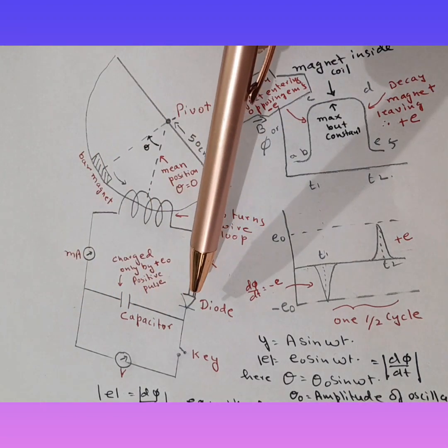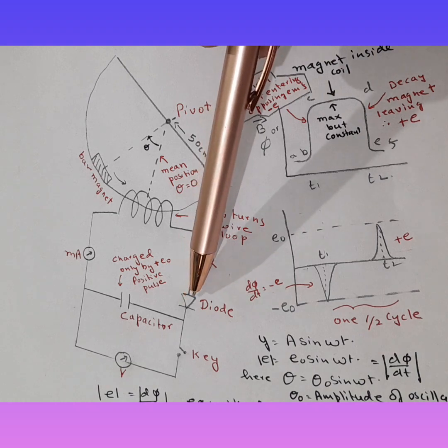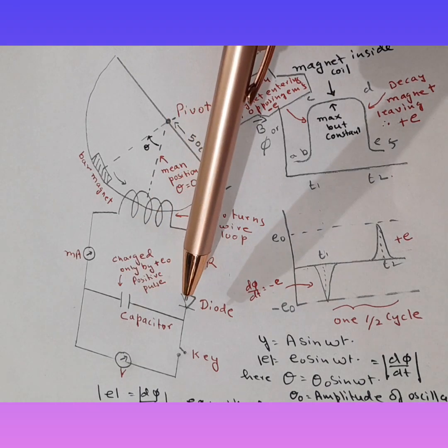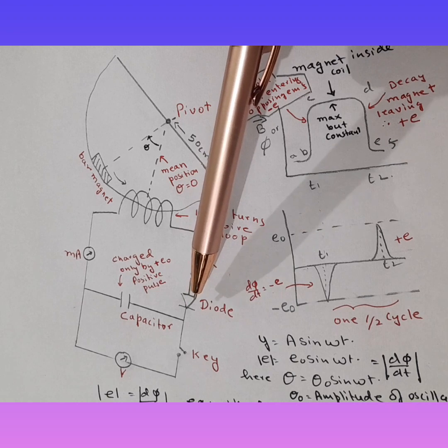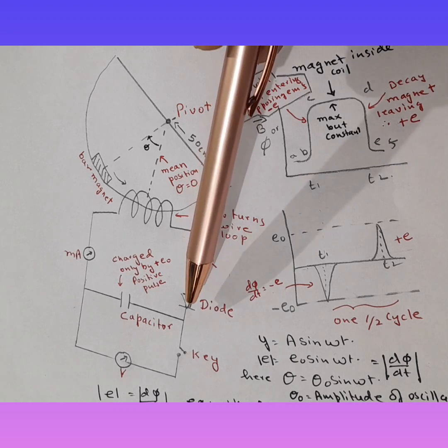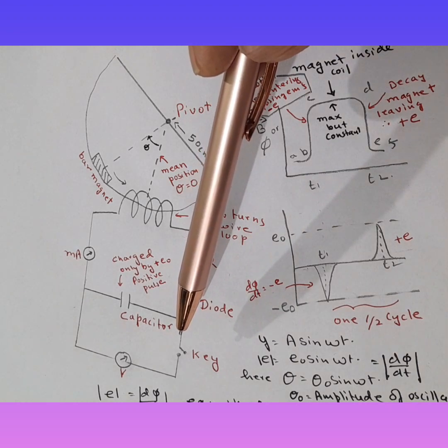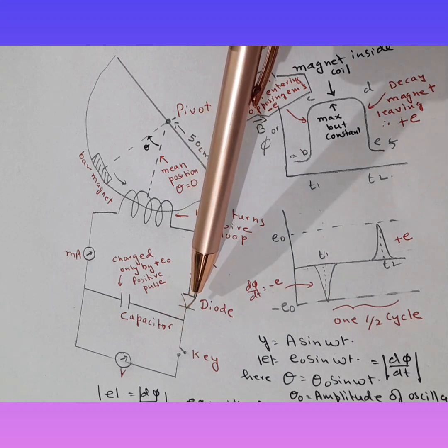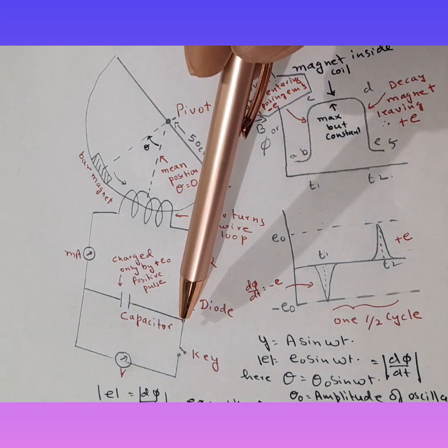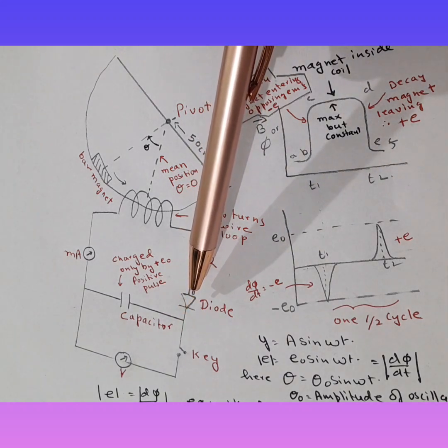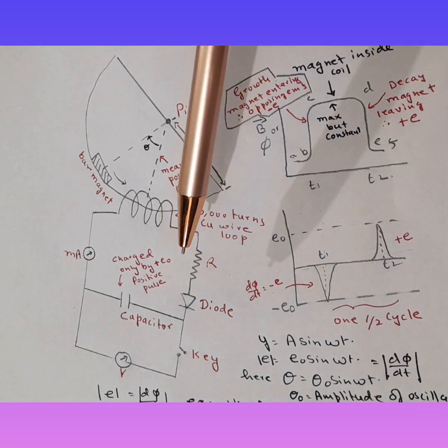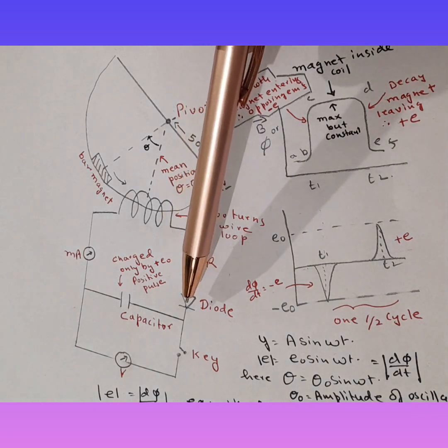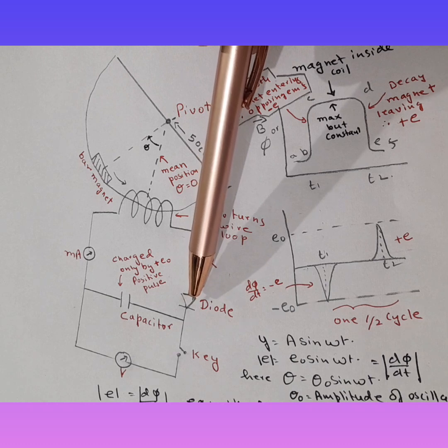Another thing we have to know is that there is something called forward biased and something called reverse biased. Whenever it is forward biased in the case of a semiconductor, the current flows. Whenever it is reverse biased, current does not flow. And when is it forward biased? When the positive terminal is connected to the P junction of a diode.